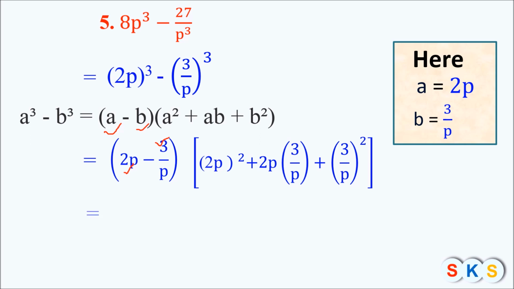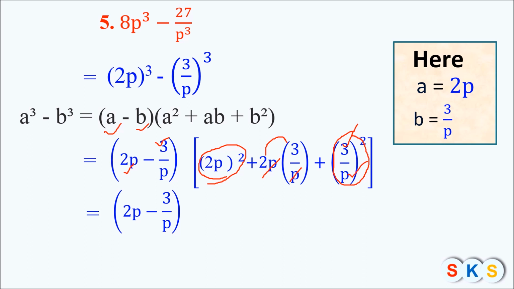So we will get here equals to 2p minus 3 upon p. In the second bracket, you can see here that we have first term as 2p the whole square, and 2p the whole square gives us 2p into 2p, that is 4p square, and here you can see the p and p will get cancelled, so we will get here 2 into 3, that is 6, and here square of 3 upon p, so square of 3 is 9 and square of p is p square, so we will get here 9 upon p square.